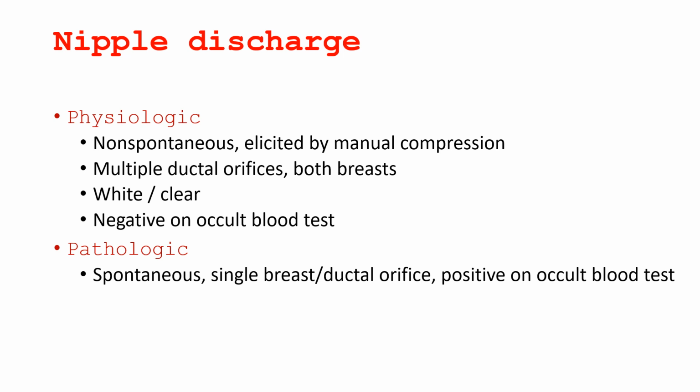The discharge is commonly white or clear and usually negative on occult blood tests. In contrast, pathologic nipple discharge is spontaneous, present in a single breast or single ductal orifice, and positive on occult blood examination.